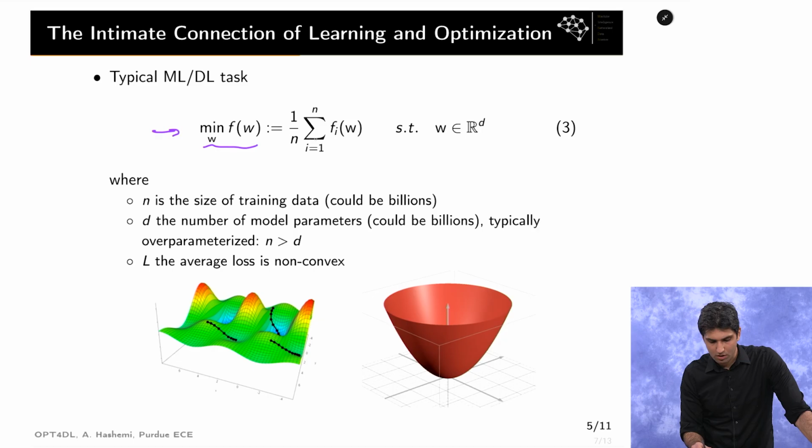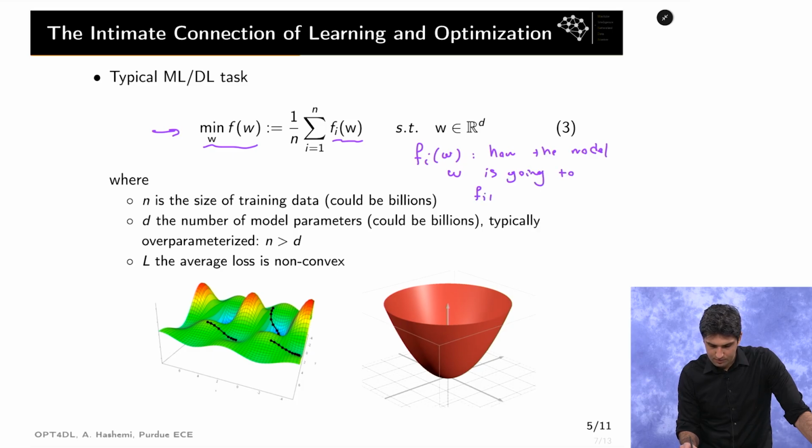Here in this case it is 1 over n, sum over i of these f_i's. Now, what are these f_i's? f_i is essentially going to determine how the model w is going to fit data i.